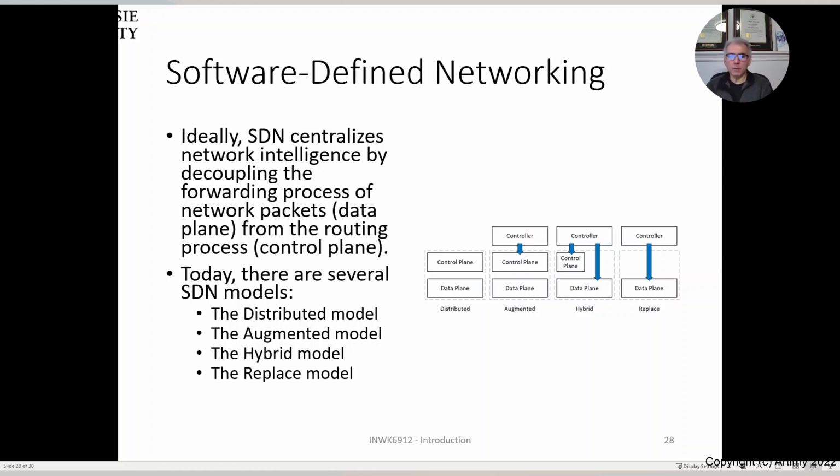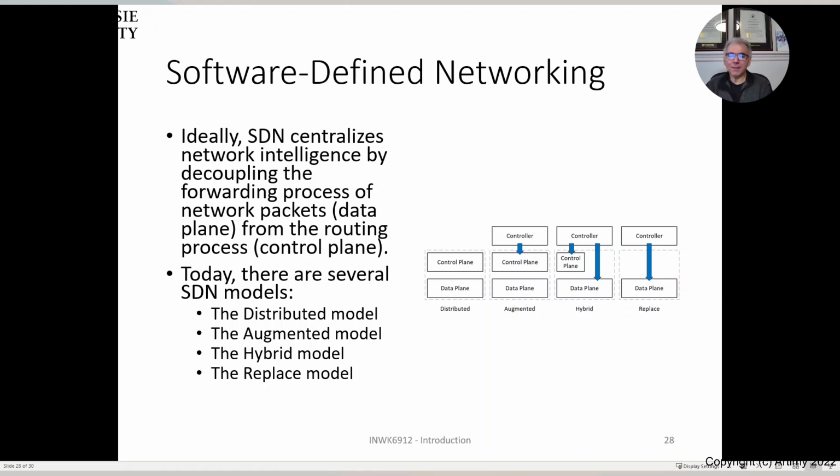If we leave that distributed model as is, but we have a controller that manipulates the decisions a little bit, OSPF decides based on the shortest path and decides where to forward the packet based on the implementation of the Dijkstra algorithm.